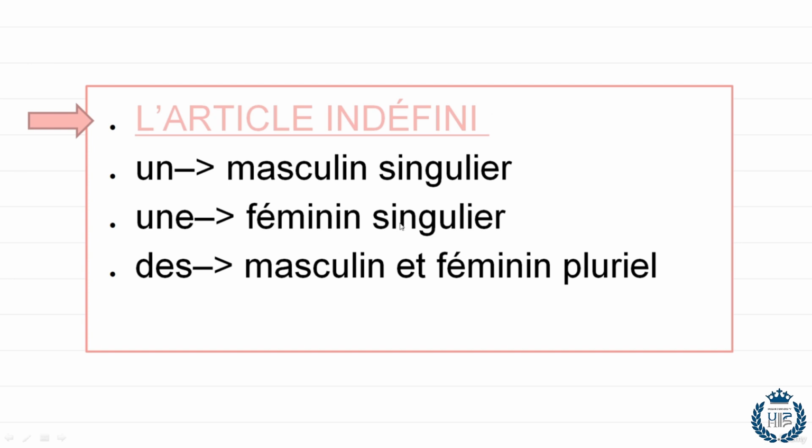So let's review the articles indéfinis again. We have un, masculine singular, une, feminine singular, and des, which is masculine and feminine plural. So I will read them and you please repeat after me so that you have a clear understanding of how it is pronounced.